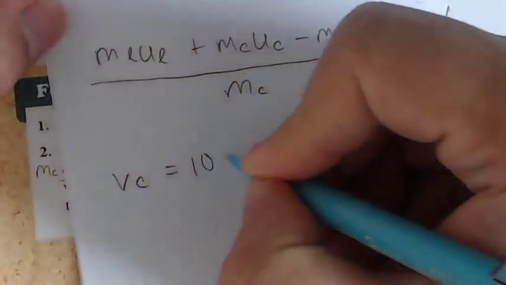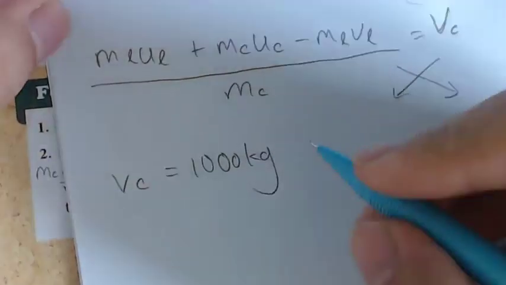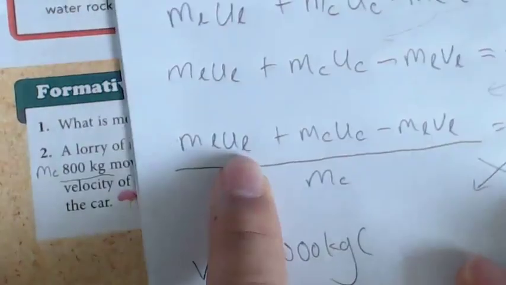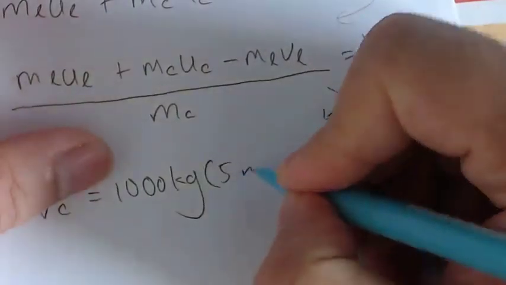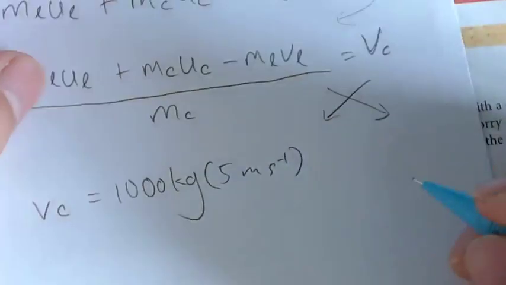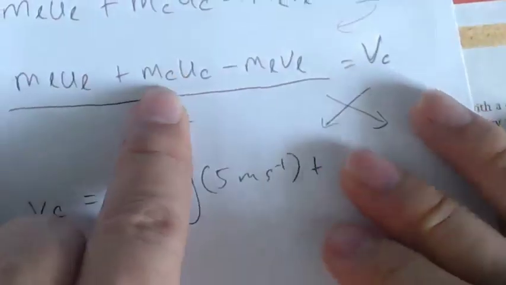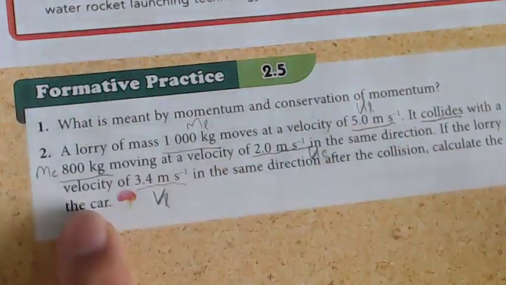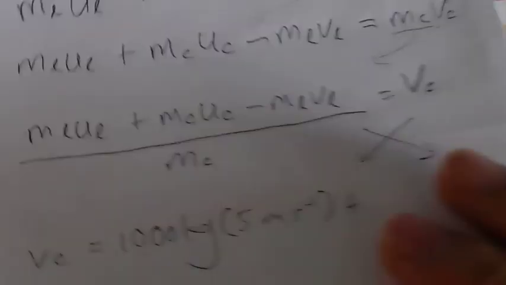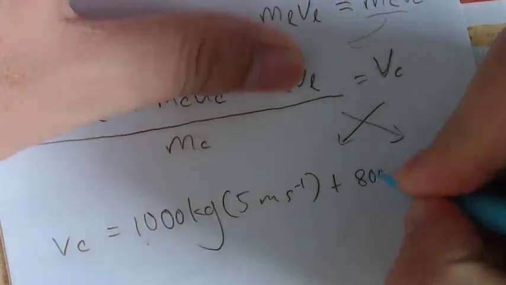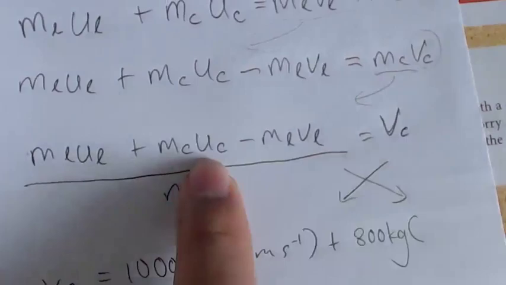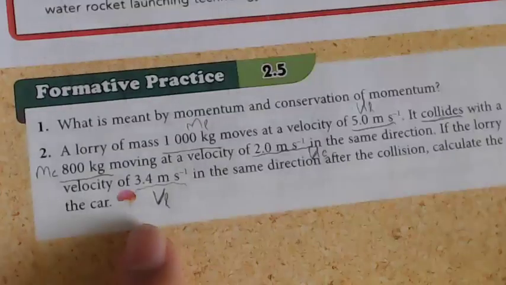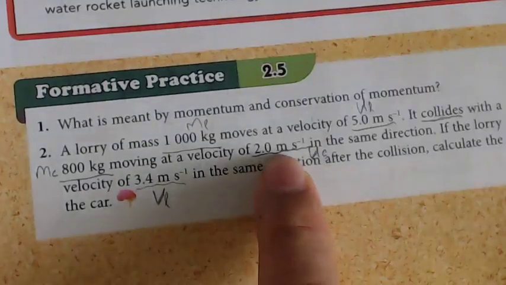1,000 kilogram multiplied with UL, which refers to this 5 meter per second, plus MC, which refers to this 800 kilogram, multiplied with UC. UC is 2 meter per second.